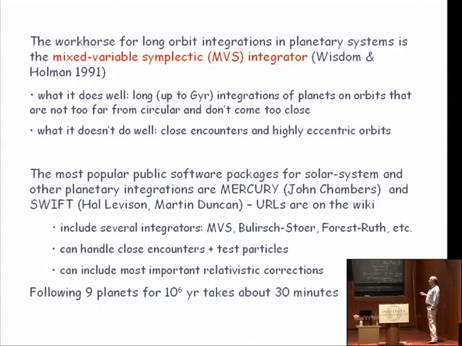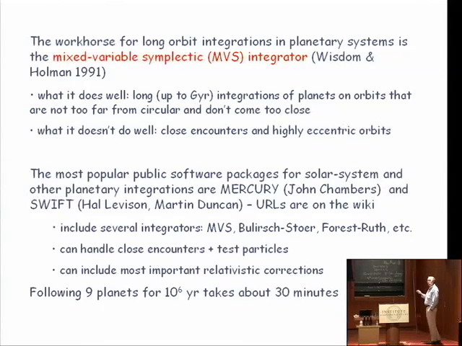There are a variety of public software packages that do this, in particular Mercury and Swift. They typically include several integrators that you can switch between to compare how well they're working. They allow you to handle close encounters with a variety of techniques, to put in extra test particles, and to include relativistic corrections and so forth.